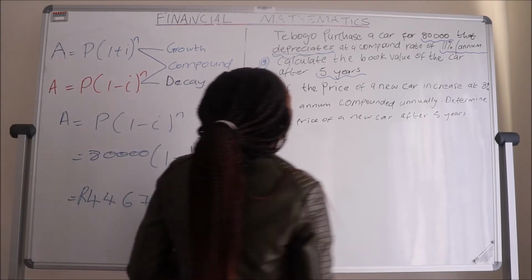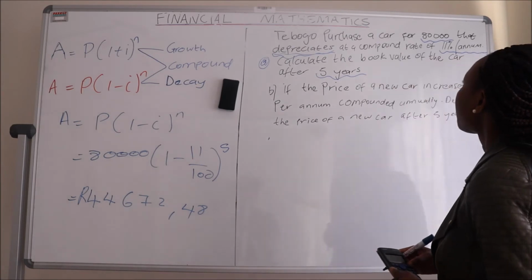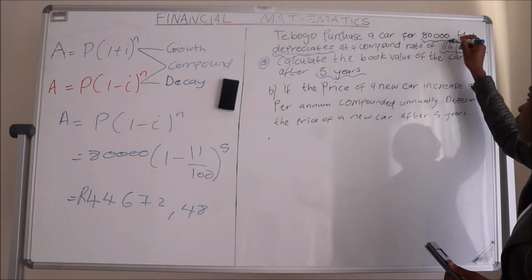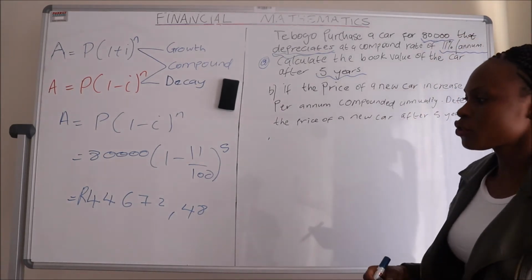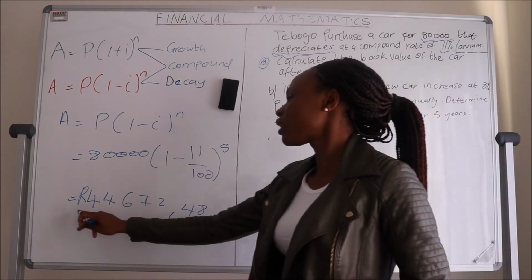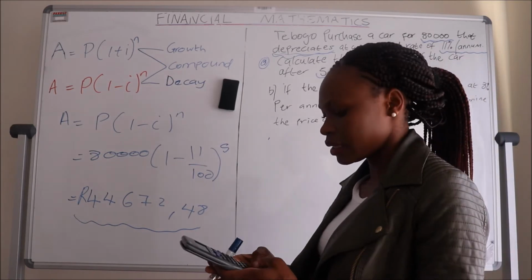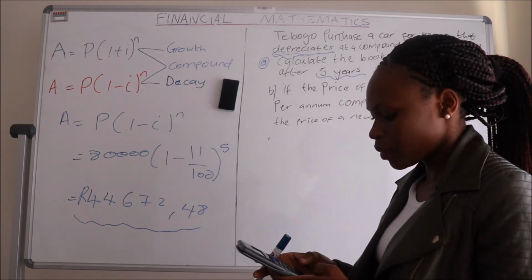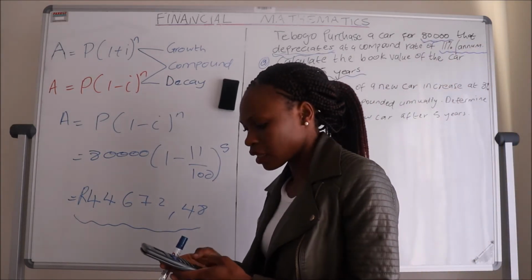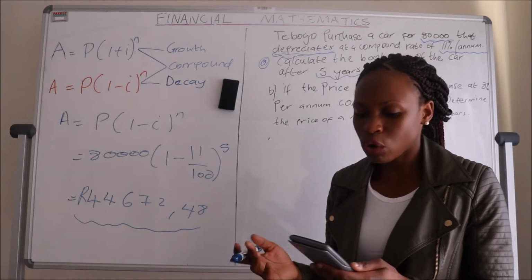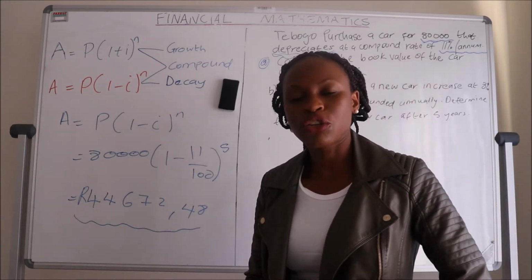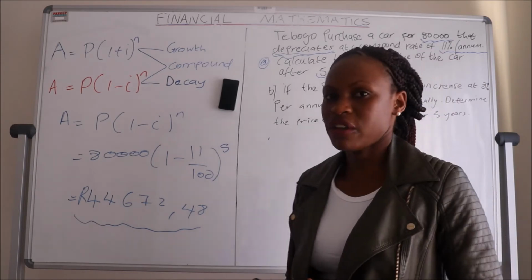That means that the car that the worker purchased for 80,000, after 5 years, if he wants to sell this car, will be worth 44,672 rands, 48 cents. That means that from the original amount of 80,000, the worker has lost 35,327 over a period of 5 years.